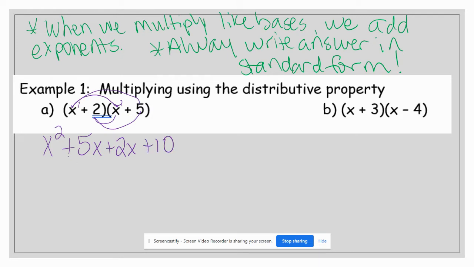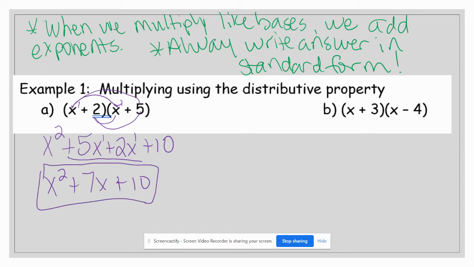Combine our like terms. Our like terms are going to be this x to the first and x to the first. So we bring down our x squared. 5 plus 2 is 7x, and we bring down that plus 10. Second power, first power, constant, so this is in standard form. I have no other like terms, and so this is my final answer.